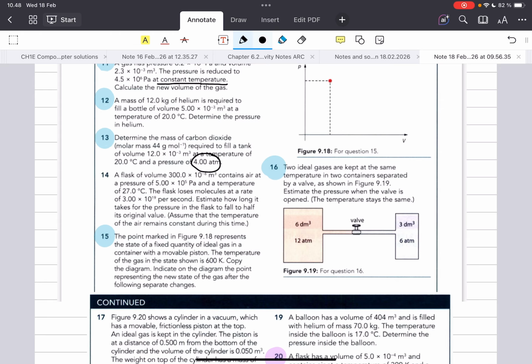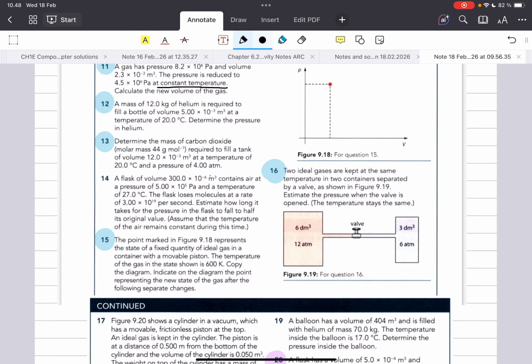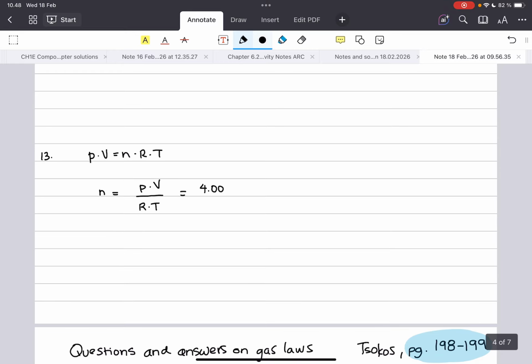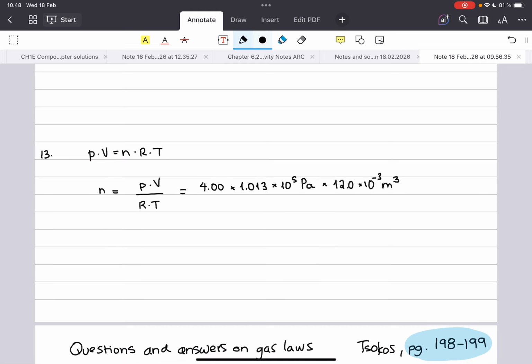So we need to convert atmospheres into pascals. And the way that you do it is 4 atmospheres times 1.013 times 10 to the 5 pascals. That's the conversion. And you times by the volume. The volume is 12 times 10 to the negative 3 cubic meters.